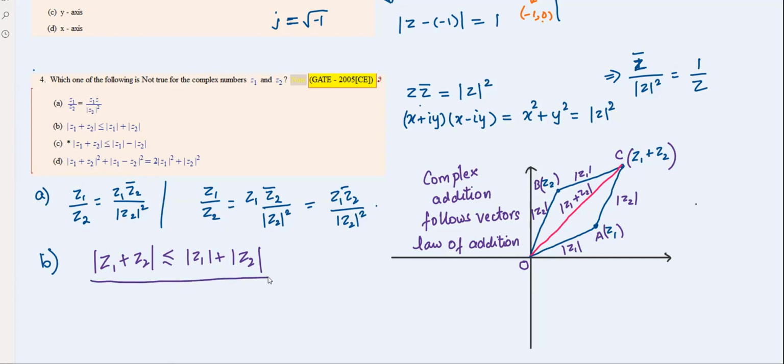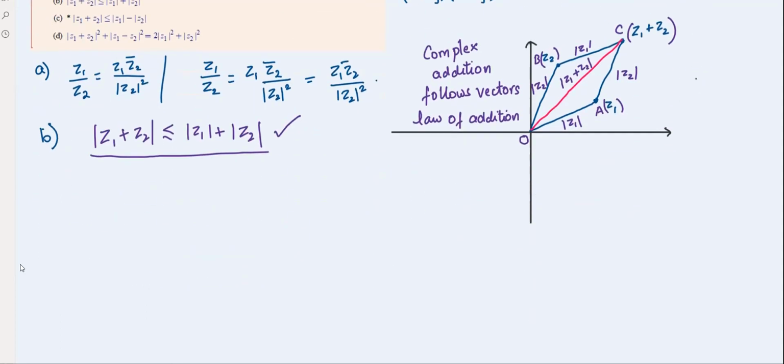So this is the triangle inequality. Sum of two sides of a triangle is always greater than the third side. Equal to will happen only when they are collinear. If they are collinear, then this will become equal to. So this is a correct proposition.